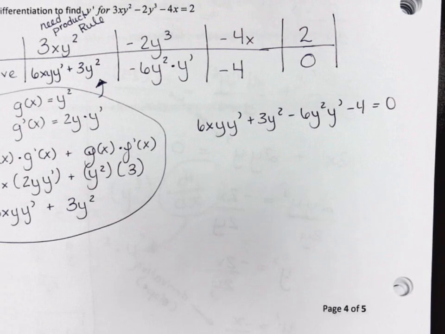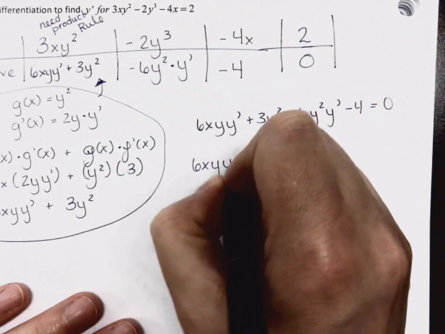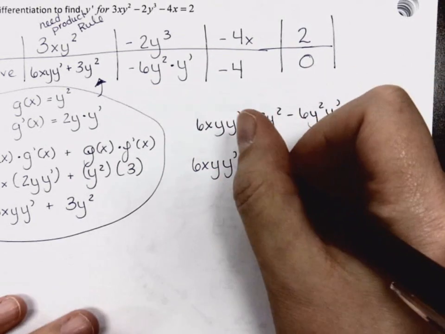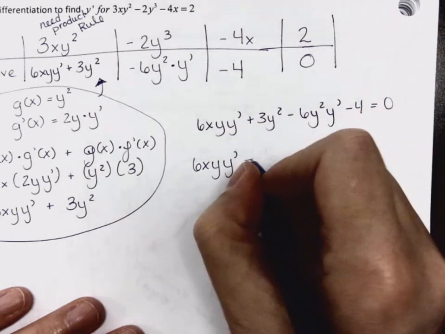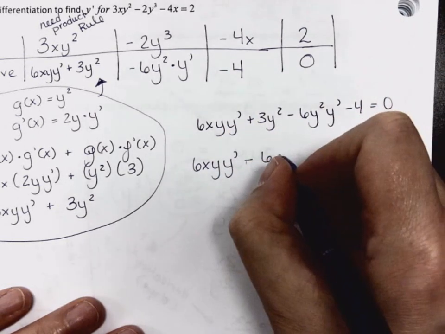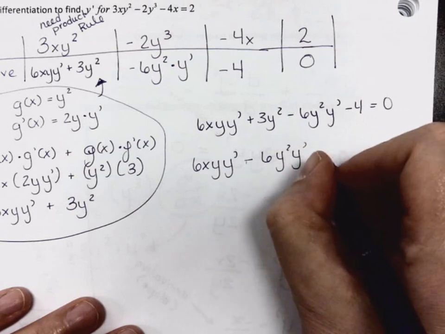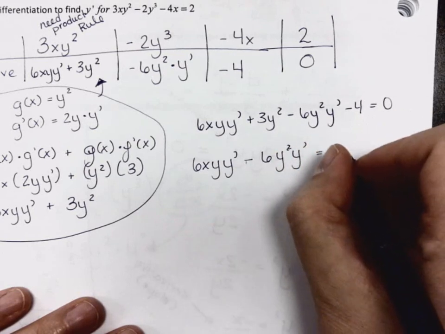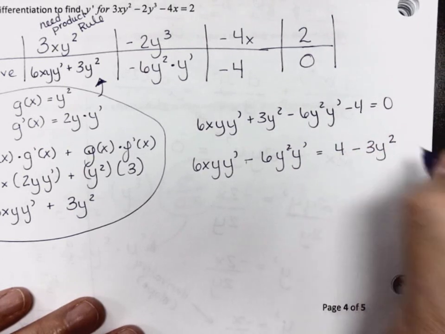We're going to get anything with a y prime to one side, just like we did with logarithms, right, when we had that x. So we're going to have 6xy y prime minus 6y squared y prime equals 4 minus 3y squared.